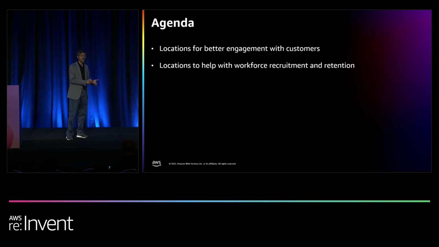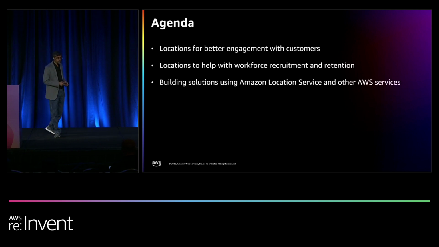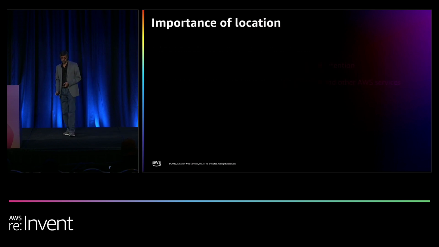How do we retain them? How do we keep their satisfaction up to the level that we want? So we have to look at what their commutes are, what kind of demographics we need when we are looking at the recruitment drives, right? Where should we go and look for new employees? And lastly, how do we use Amazon Location Service and other AWS services to create solutions which provide a good ROI for your business?